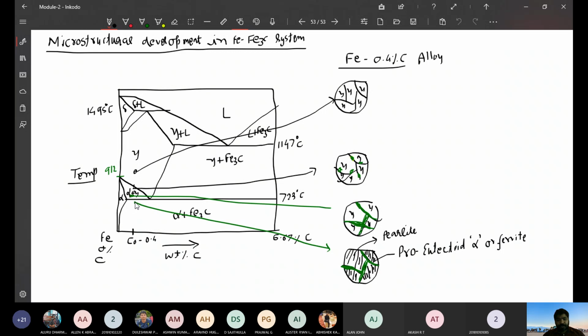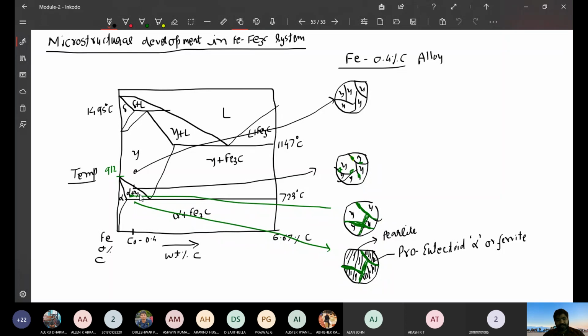The alpha is not going to decompose. It will remain as such. Whatever alpha is formed above this line will remain as such. Why? Because when you cool below this line, alpha is also stable over here. So whatever alpha was already present is not going to decompose.